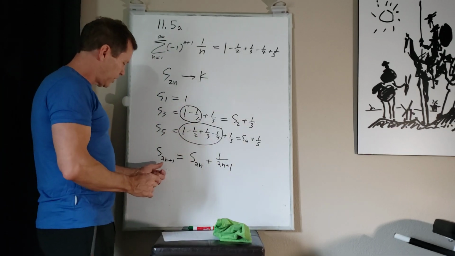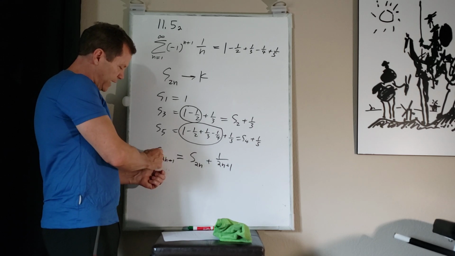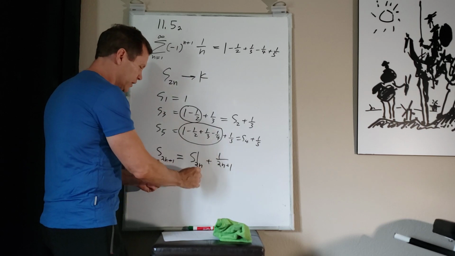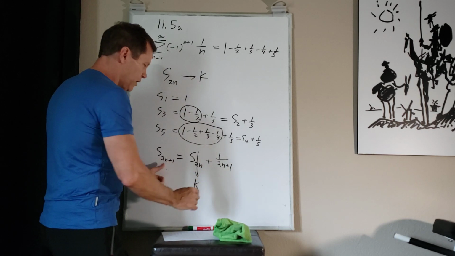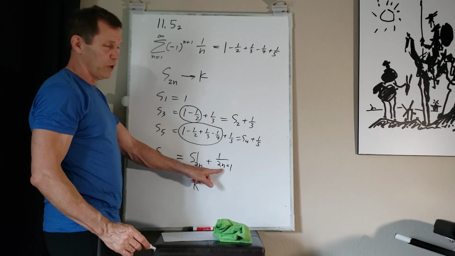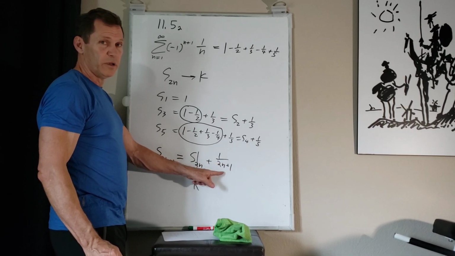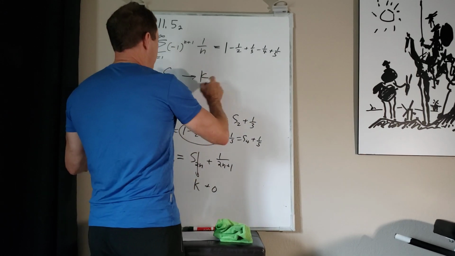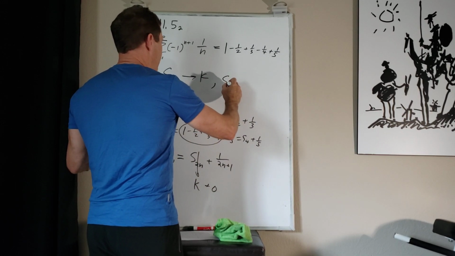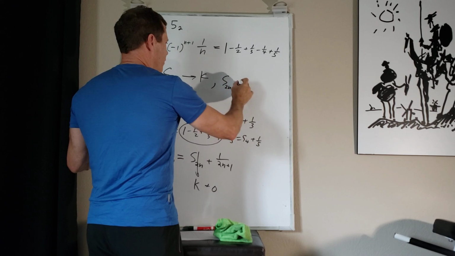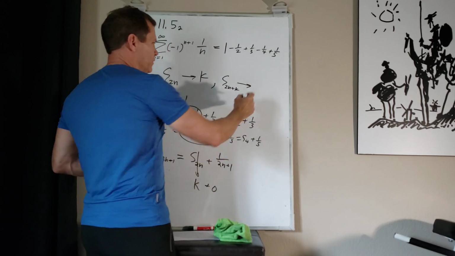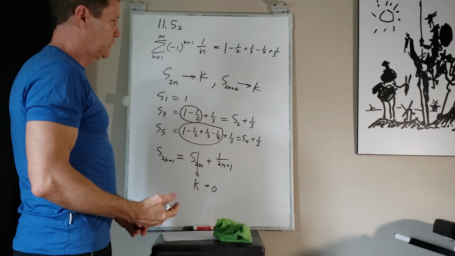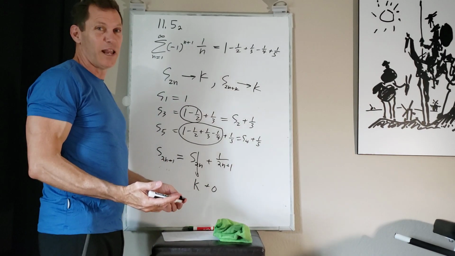Okay, now, if I took the limit of the odd terms, as n goes to infinity, where's this going to go? Oh, we already said that goes to K, so this guy's going to go to K. Where's this guy going to go as n gets bigger and bigger and bigger? That's 1 over infinity, which is 0. So we know now that the even terms go to K, and the odd terms also go to K plus 0, which is K. If the even terms and the odd terms go to K, there ain't nothing left.